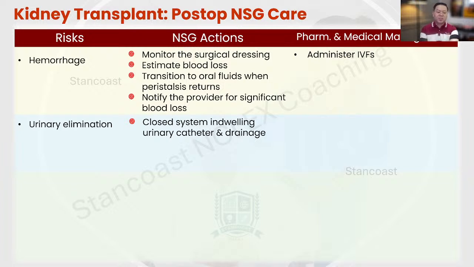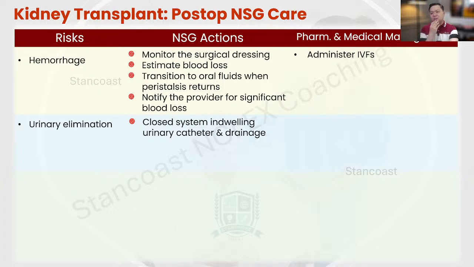So most of these patients will come back to you or will be admitted to the PACU or the recovery room. They mostly will have a urinary catheter. And the reason for that is to help us to measure the output accurately, and also to allow checking of the urinary output.